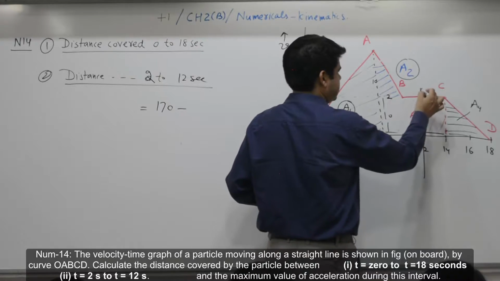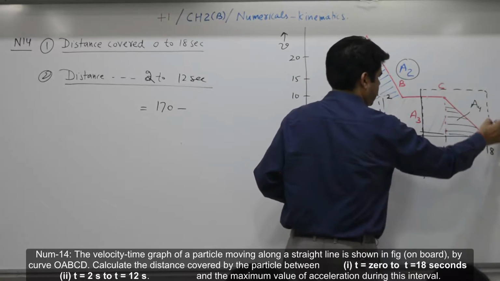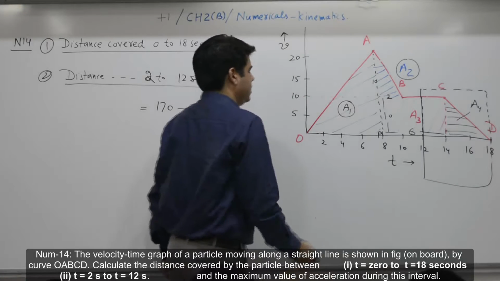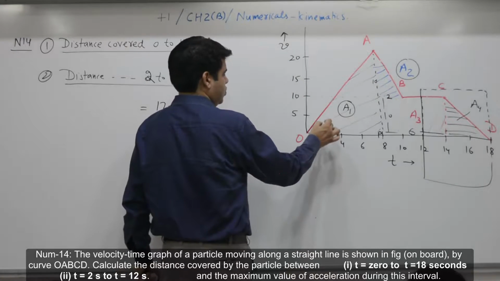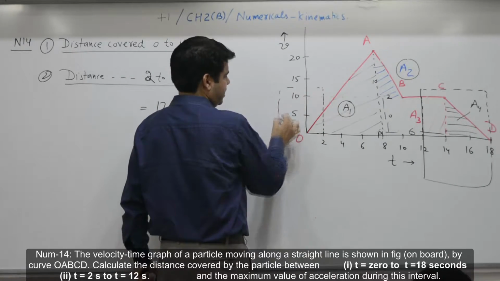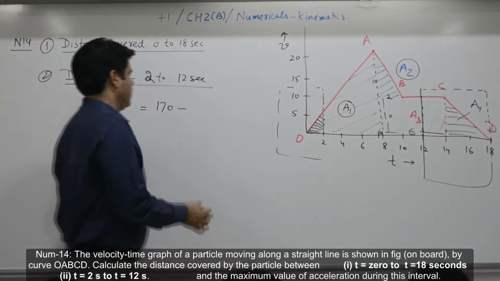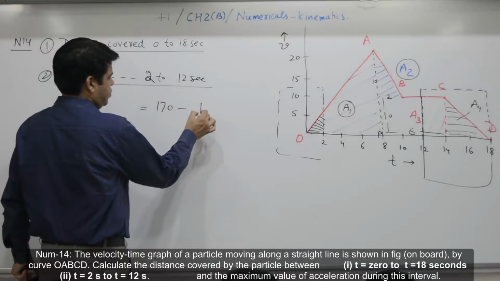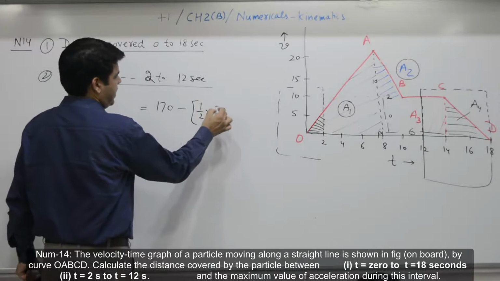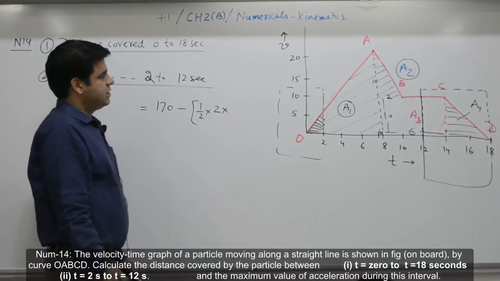the part from 0 to 2, whatever you get in this part, means this area, how much? 1 by 2 into base into height. Check.